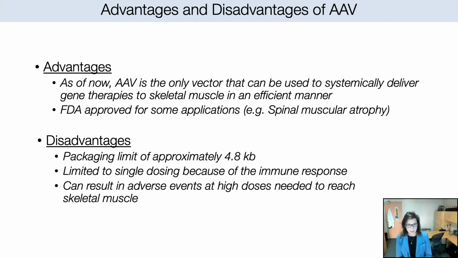And it is also limited to single dosing because of the immune response that develops. I'm going to talk about that in a minute. This immune response can result in some adverse events, and we've seen some of these in some of the microdystrophin gene therapy trials. Next slide, please.